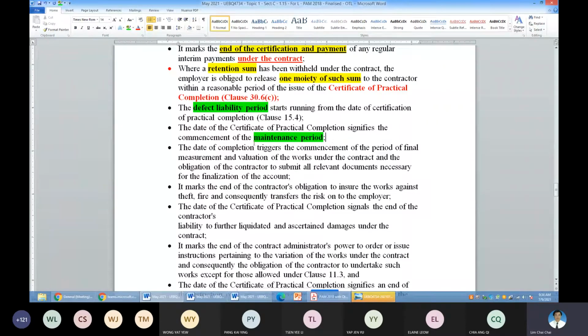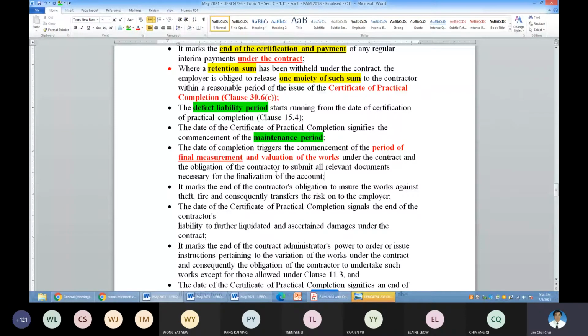Okay, so this is another important part for the QS. The CPC is the date where the period of final measurement starts. Please differentiate between final measurement and final account. So this one is the final measurement.